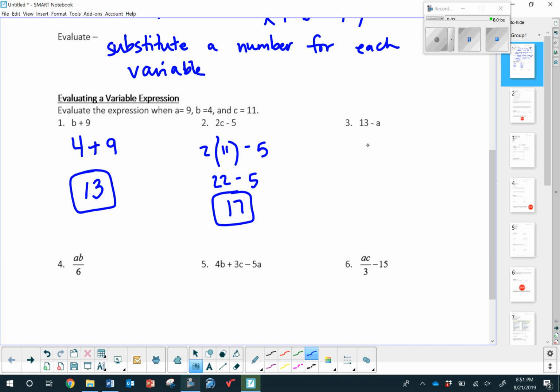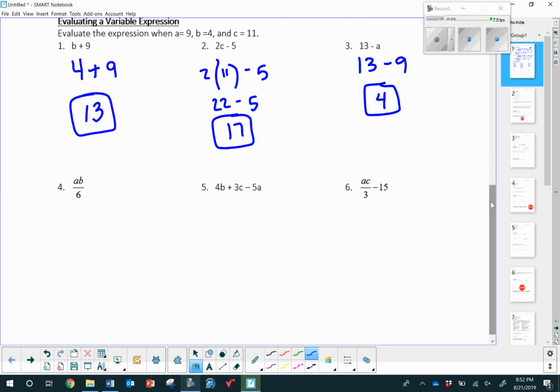Again, we're just going to substitute 9 for A. On number 3, 13 minus 9 is in fact 4. All right, moving right along to number 4. A and B are right next to each other, so we're going to multiply those together. 9 times 4, all of that over 6. 36 over 6 is just 6.